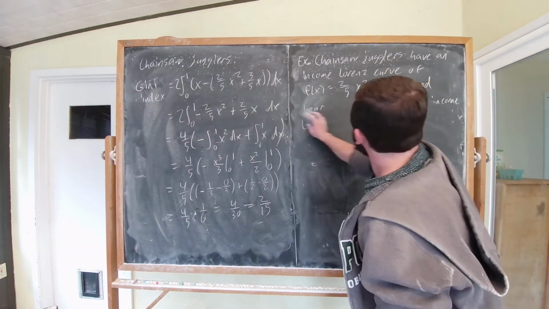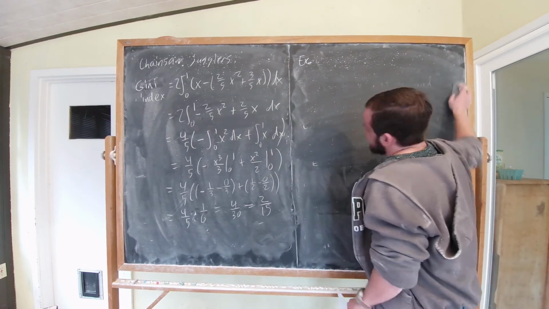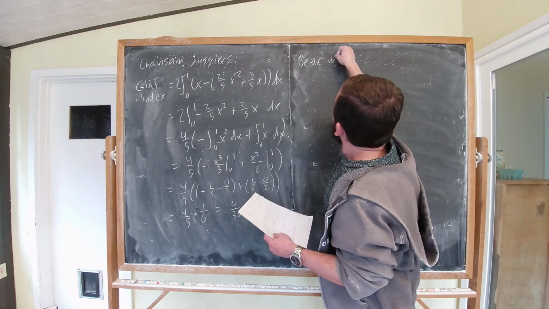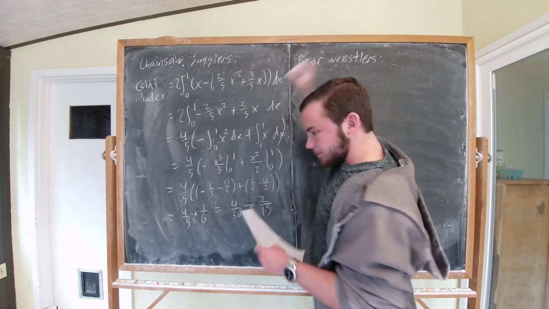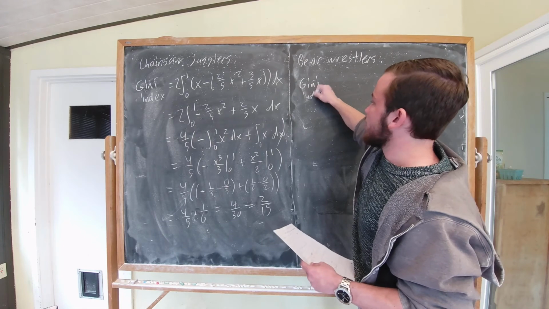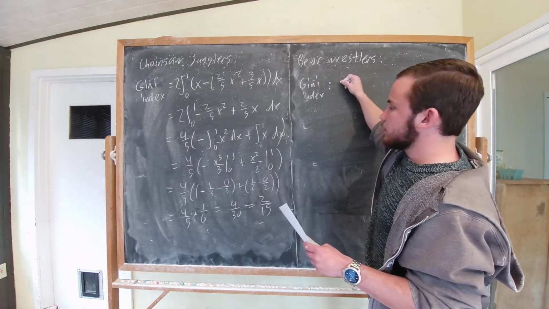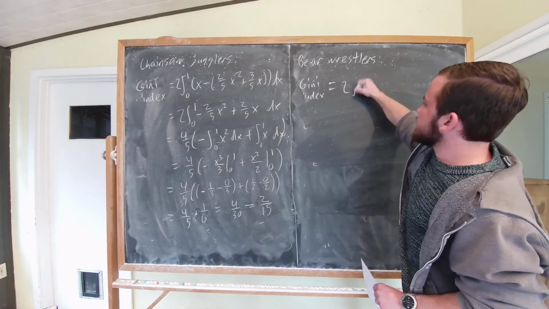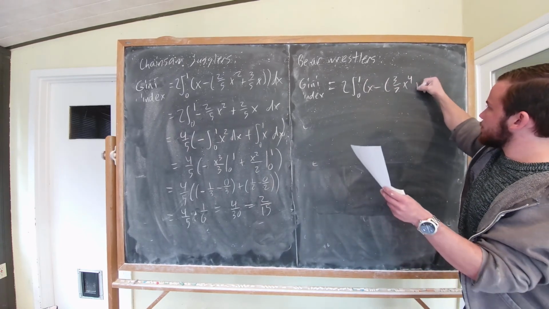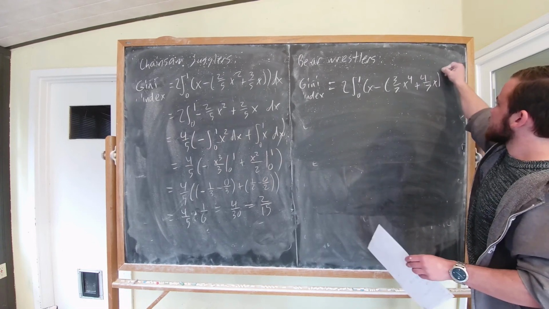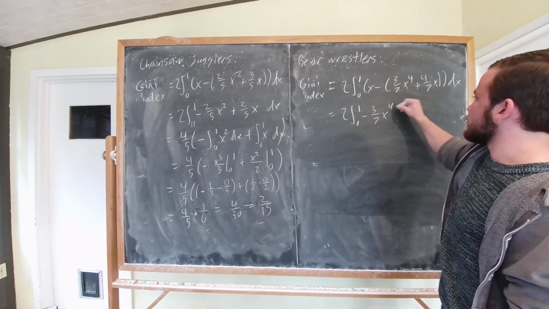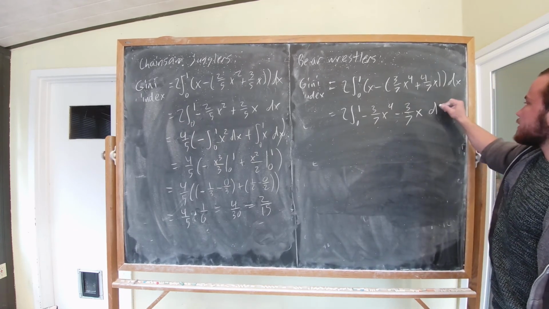Bear wrestlers. Their index, or their coefficient of inequality, is 2 times the integral from 0 to 1 of x minus 3/7 x to the 4th plus 4/7 x dx, which is 2 times the integral from 0 to 1 of negative 3/7 x to the 4th plus 3/7 x dx.